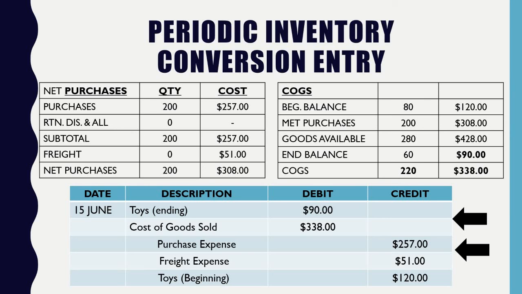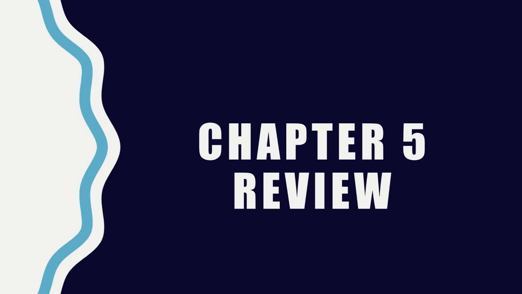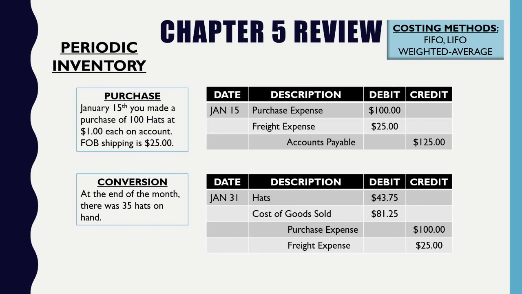So we're going to enter in our ending inventory, which is $90. We're going to enter how much we sold, which was for $338, our purchase expense and our freight, and then lastly, our beginning inventory of 120. All right? Any questions about LIFO?